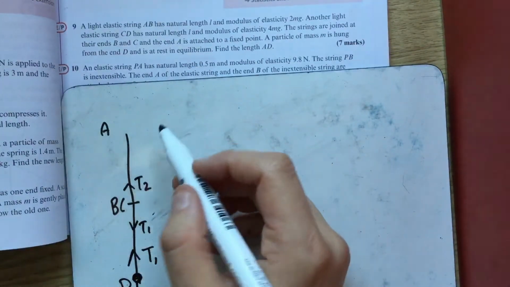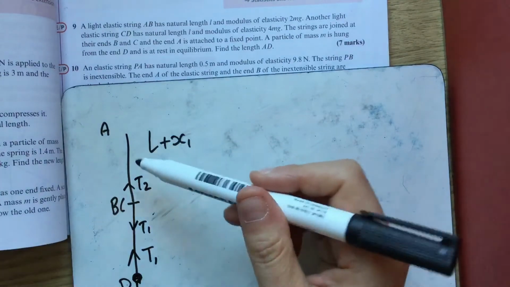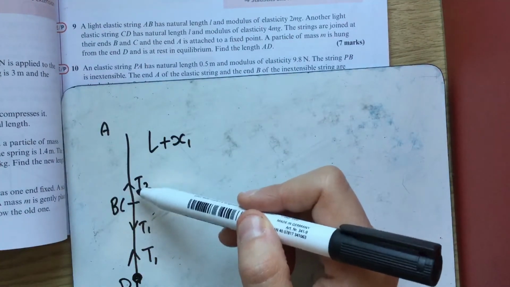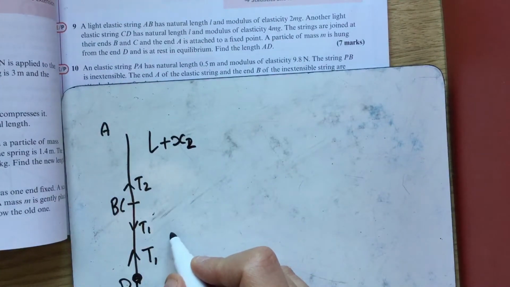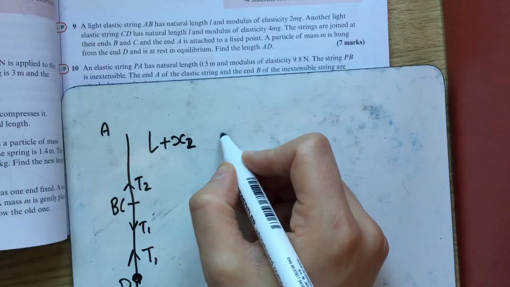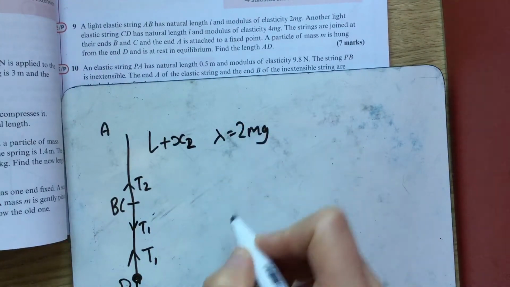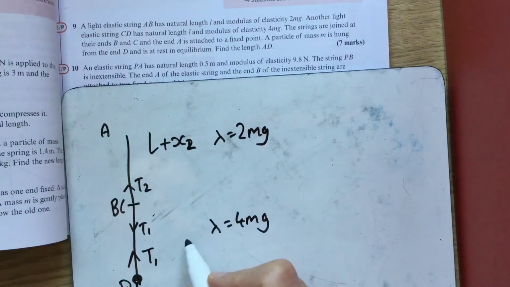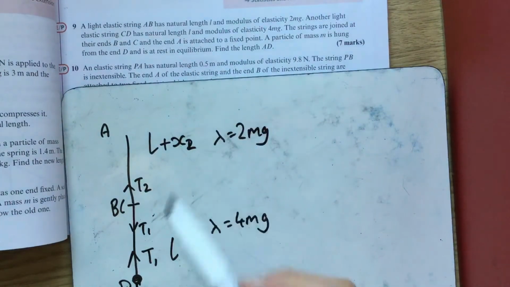This has been extended, so the distance here is L plus x1, the natural length plus the extension. Actually, I'm going to call this x2 because I called that tension 2. This one has a value of lambda of 2mg, and this one has a value of lambda of 4mg, and then here we've got its natural length, which is the same, plus its extension.